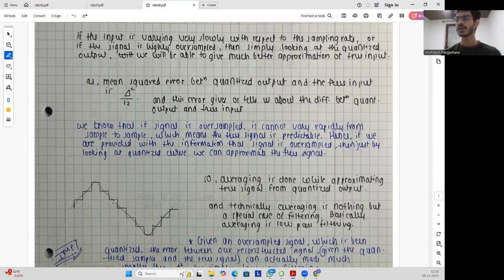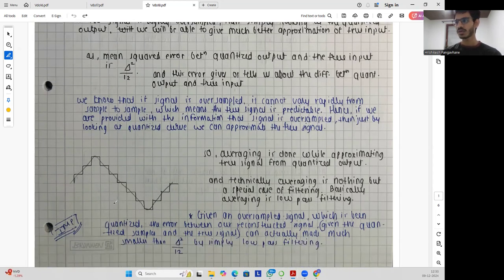So the error between the reconstructed signal, given the quantized samples, and the true signal can actually be made much smaller than delta square by 12. We can make it much smaller than that error by simply low pass filtering.